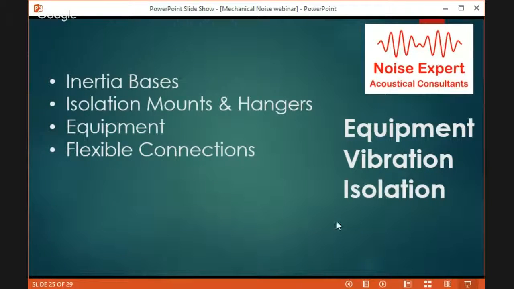It'll go through the weakest path. So isolate one path really well and leave another open, it'll not be very effective.